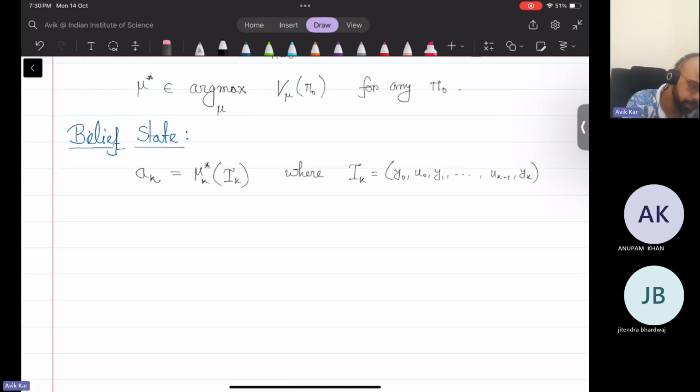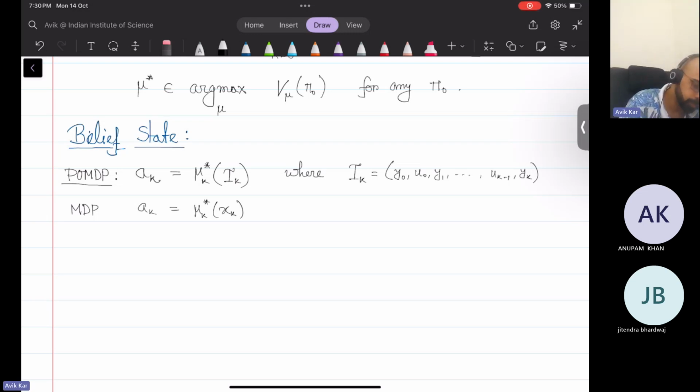And in MDP literature, we have seen that a_k is μ_k*(x_k), where x_k is the state.